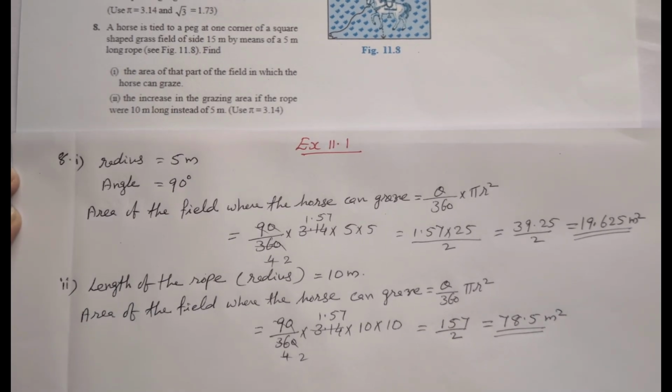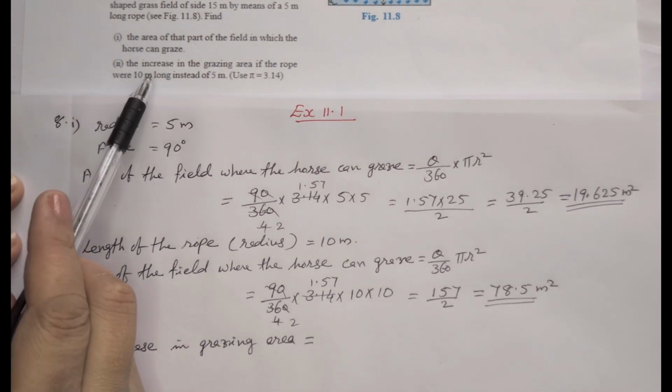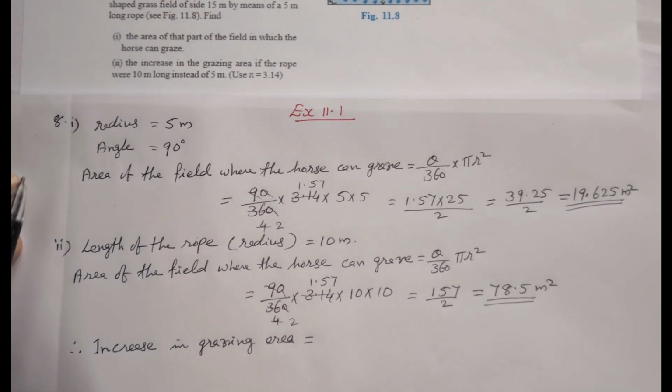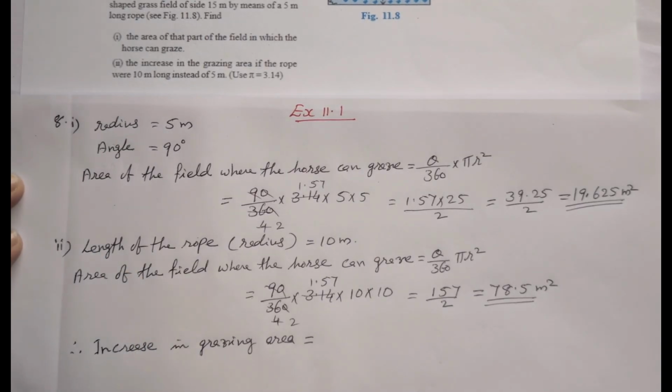This is the area when the radius or length of the rope is 10 meter, then the horse can graze 78.5 meter square area. Here the question is to find the increase in grazing area from a 5 meter long rope to a 10 meter long rope, how much more area.